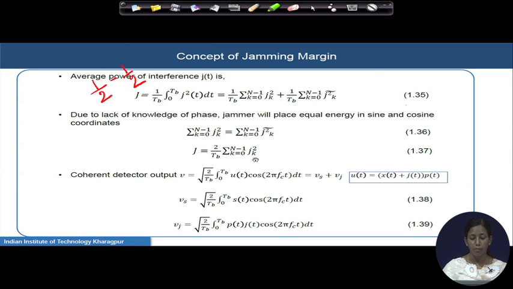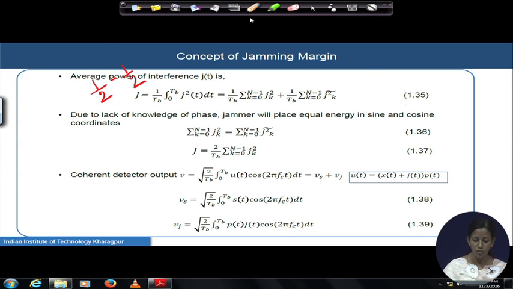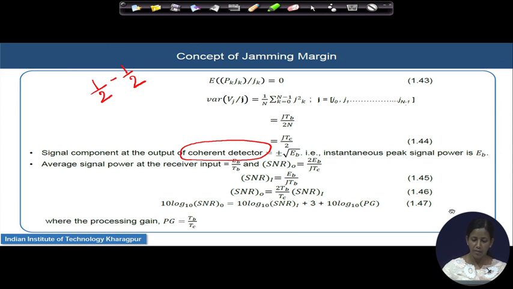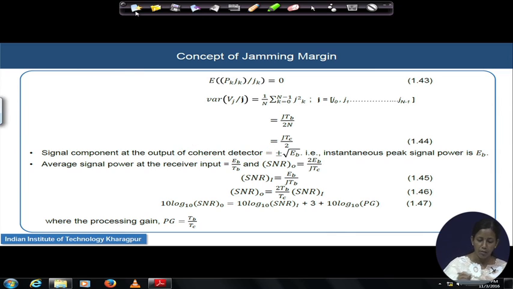Recall the equation 1.37. Here we established that capital J, that is the jamming power, is equal to 2 by Tb summation of k running from 0 to n minus 1 jk square. We will utilize this equation in the next slide to compute the value.